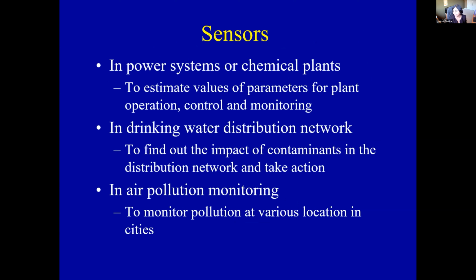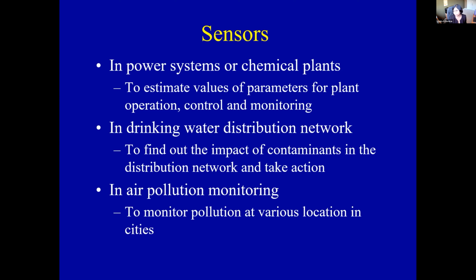Sensors, what do they do in power systems and chemical plants? They help us to estimate values of parameters for plant operation, control, and monitoring. It's very important because if your measurement is not right, your control and other things will not work, and that's why sensors are necessary.